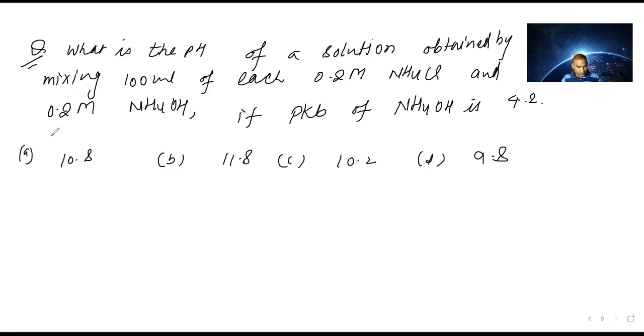So pOH will be 4.2 plus log of 1, which is 0, so 4.2, and then pH is going to equal 14 minus 4.2, which is 9.8. Yes, correct. Only 9.8.